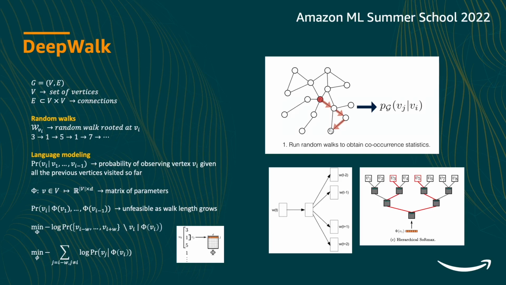With this direct analogy, we can estimate the likelihood of observing a vertex Vi given all the previous vertices visited so far in the random walk. So this is how we formulate this as a language modeling problem.